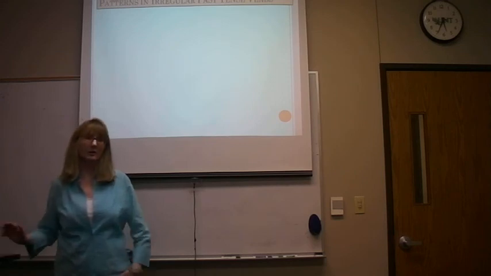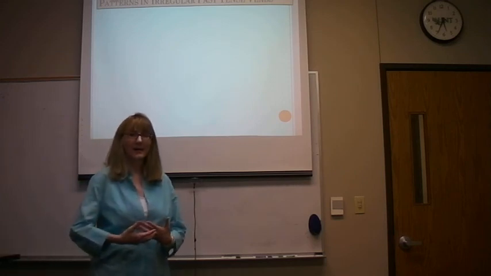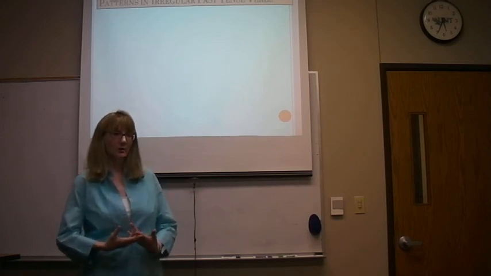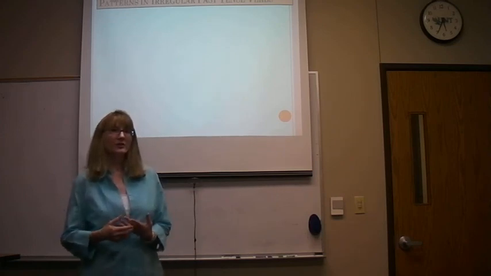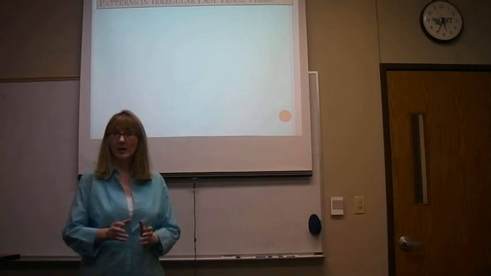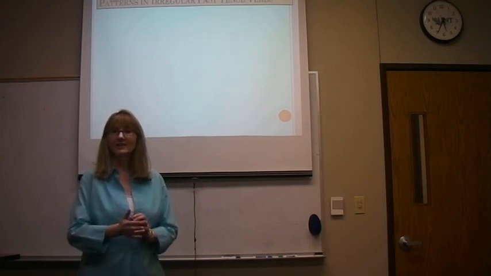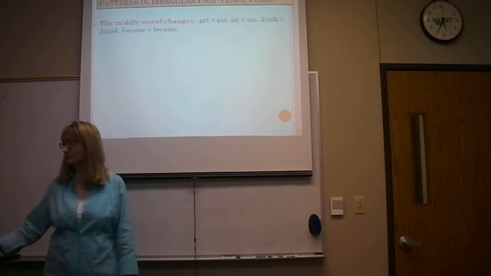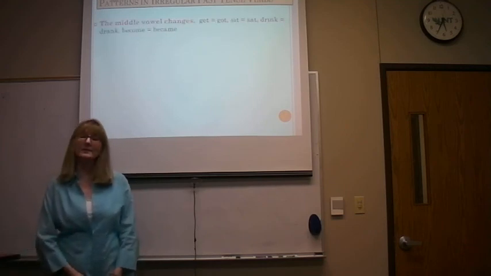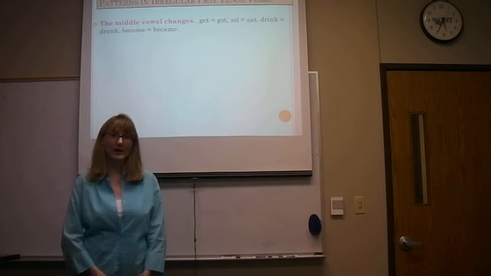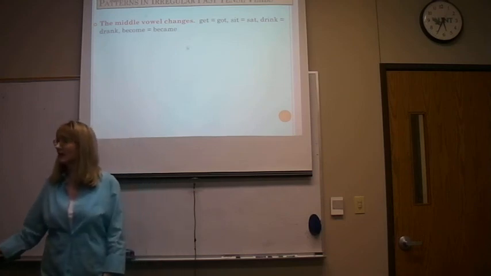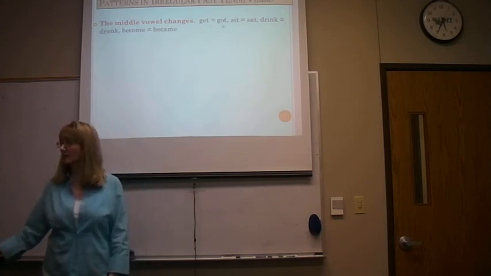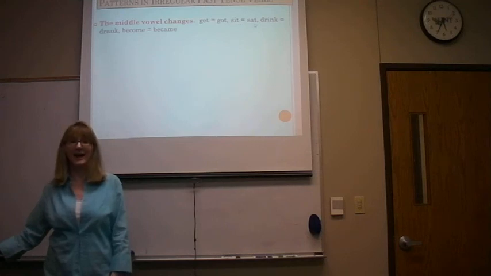We're going to talk a little bit about the patterns in irregular verbs. These are some of the ways you can try to remember the spelling of an irregular verb. Sometimes the middle vowel changes. For example, get becomes got, sit becomes sat.